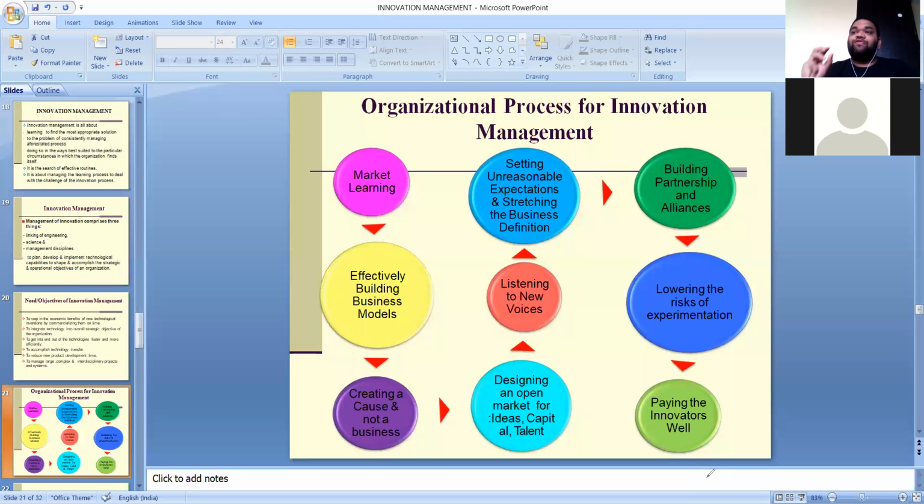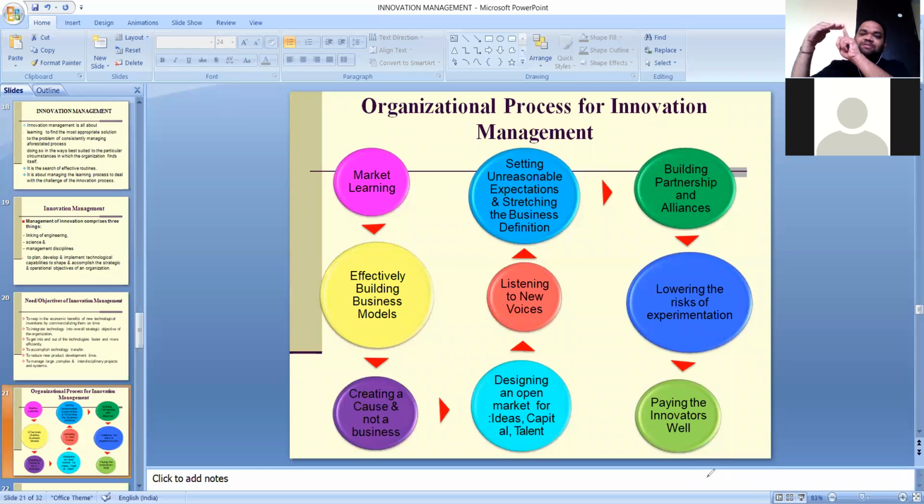Why? If you keep an unreasonable, high expectation, then whatever talent you have, whatever your expectation of only 80, you go beyond your stretch, beyond your capability, and keep 95.